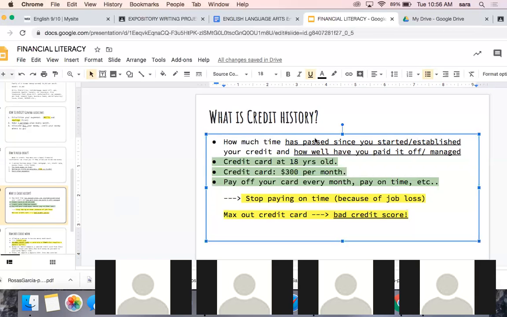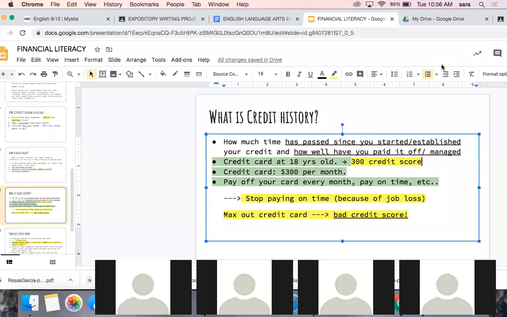When a person starts credit at 18 years old, they begin with a credit score of 300. 300 credit score. And I'll highlight that in yellow. So no one ever starts with a 0.